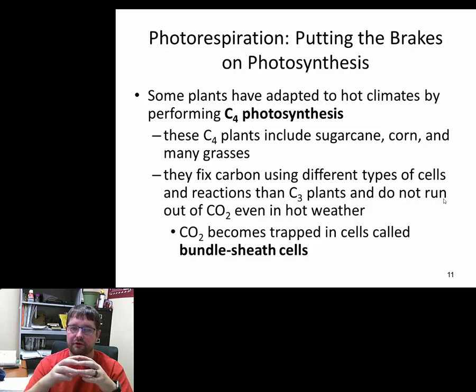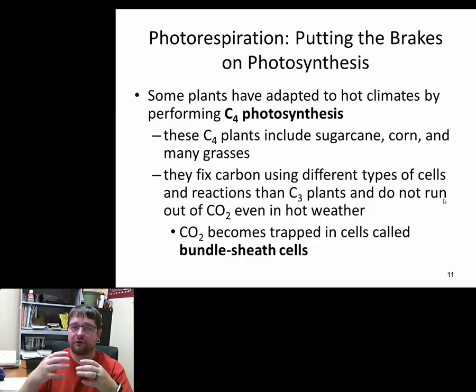So instead of opening your stomata and bringing in carbon dioxide each time you want to turn that Calvin cycle, each time you want to produce a carbohydrate, they can open their stomata, sometimes during the nighttime, sometimes during the daytime when it's cooler, and they can suck in a bunch of carbon dioxide, and they can fix it.